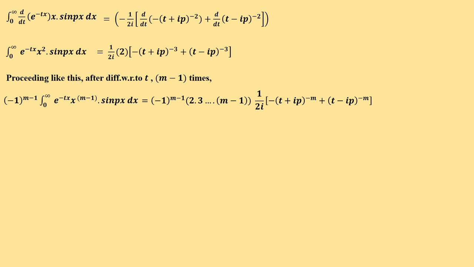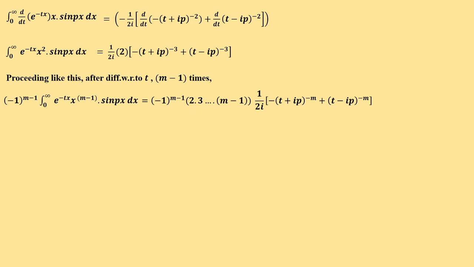So minus 1 power m minus 1, so 2 into 3 into etc. up to m minus 1 into 1 by 2i (minus t minus t plus ip) whole power. So first time you are having minus 2, then second time minus 3, and third time you will get 4, right?